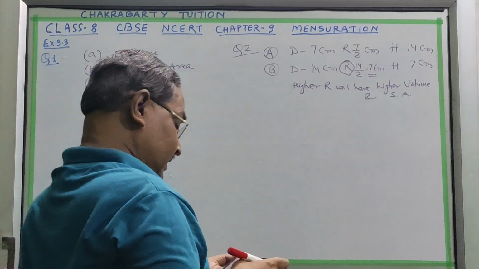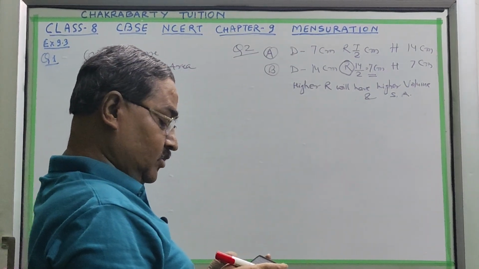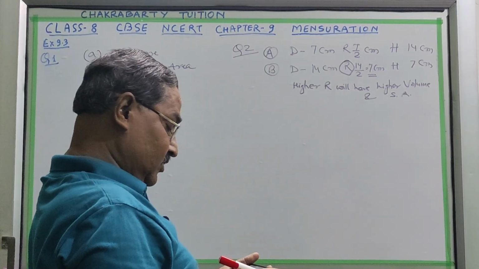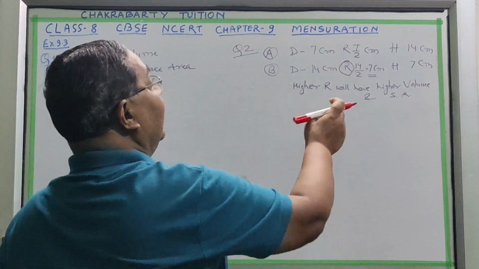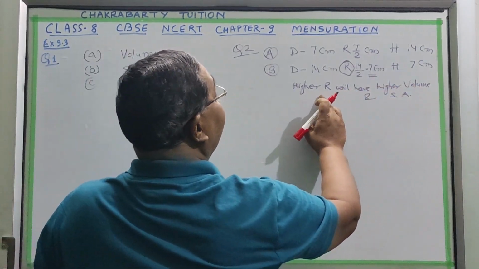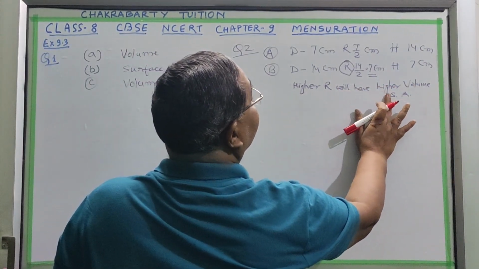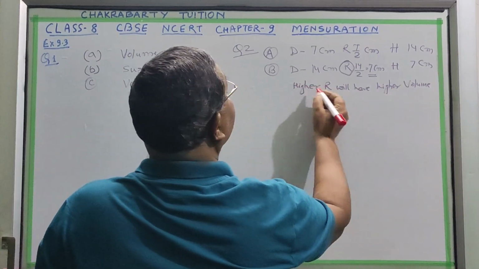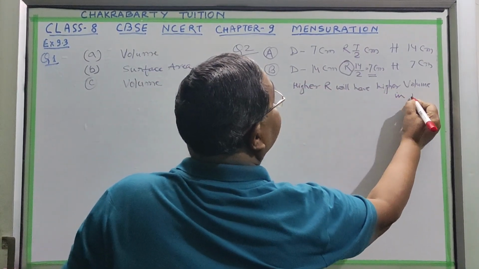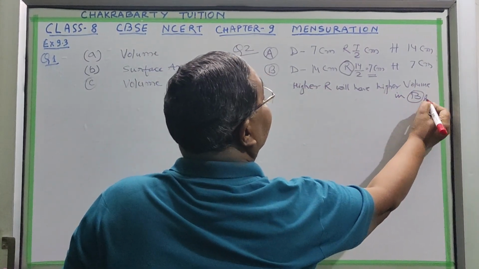They are asking, without doing any calculation, can you suggest which volume is greater? Higher volume is in B. So B is your answer.